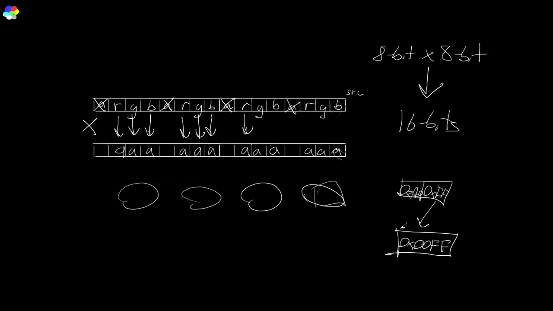Doesn't matter. That's the first thing you're going to want to do. Expand your 8-bit channels to 16 bits so that you can then multiply them together. All right.